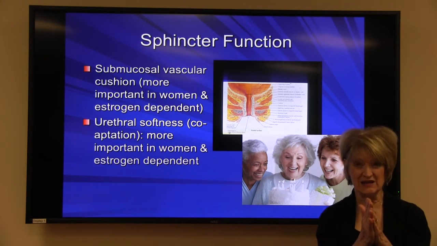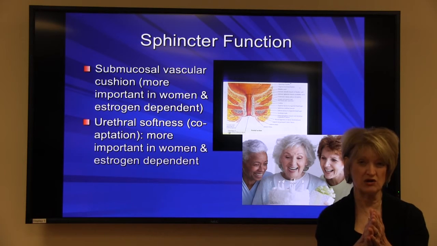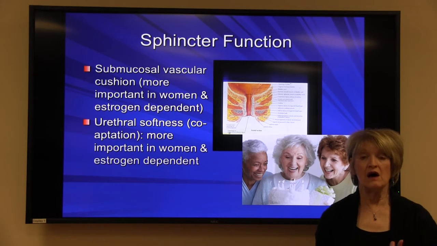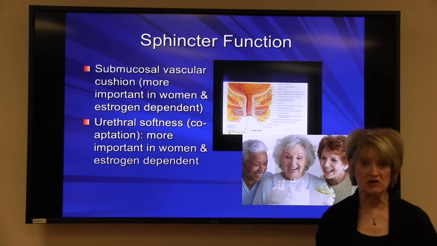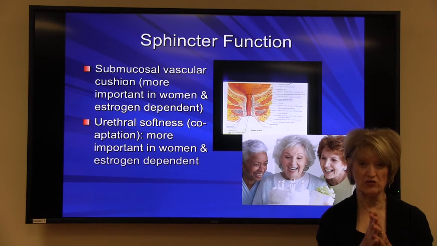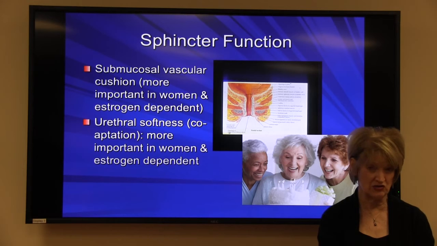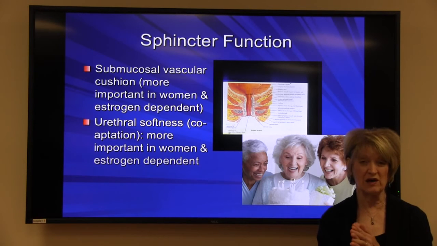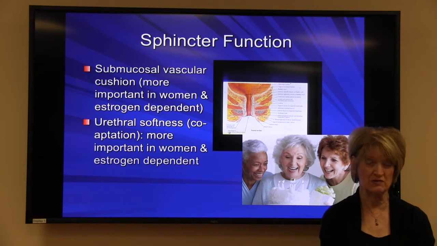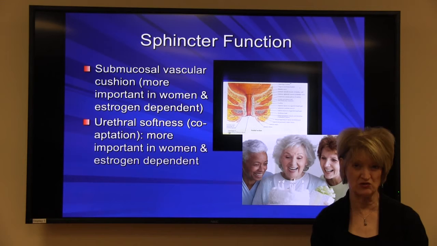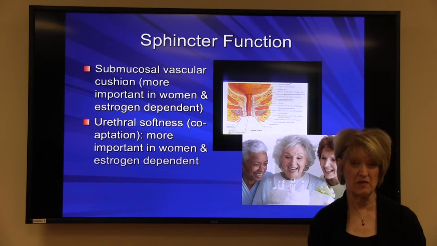Now that stickiness is created in part by mucus that is secreted by the suburethral glands. Unfortunately, mucus production and urethral wall coaptation is also partially estrogen dependent, so it is diminished postmenopausally. So we see a marked increase in complaints of stress incontinence, leakage with activity, in postmenopausal women.